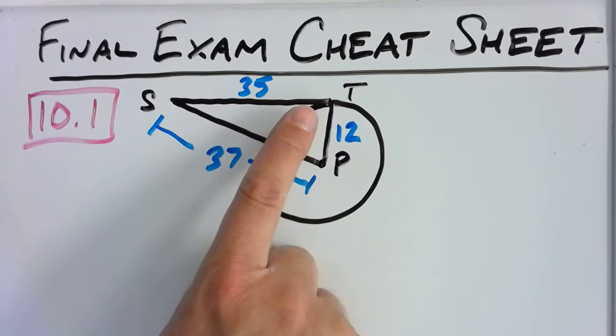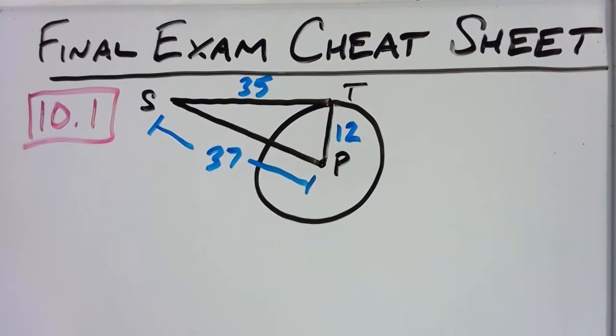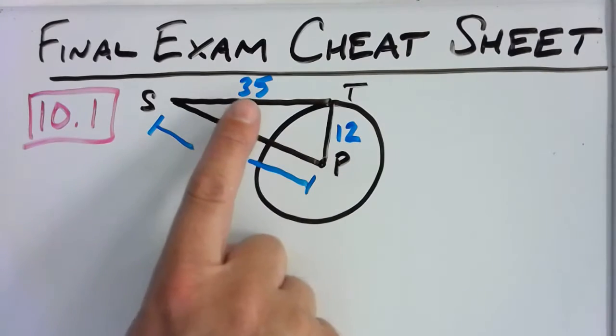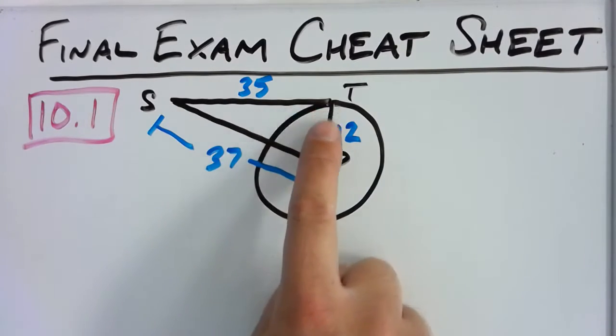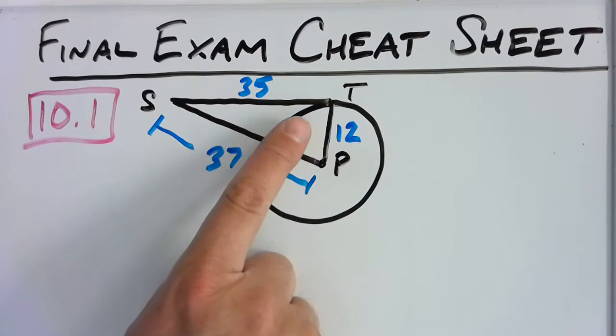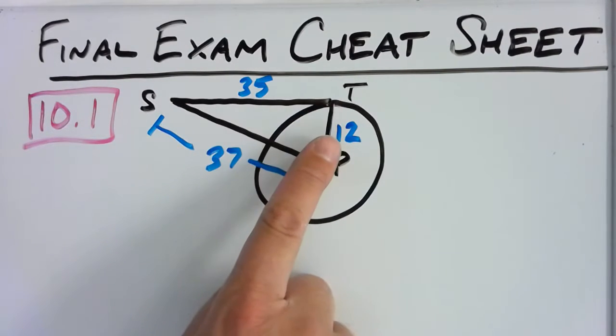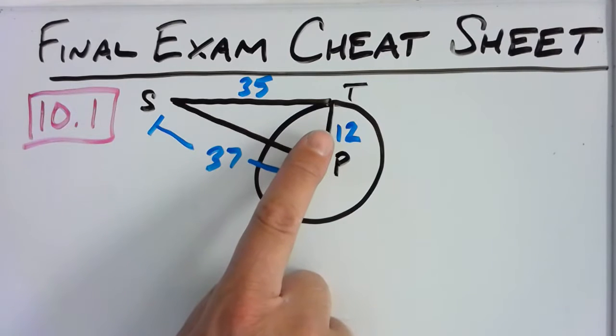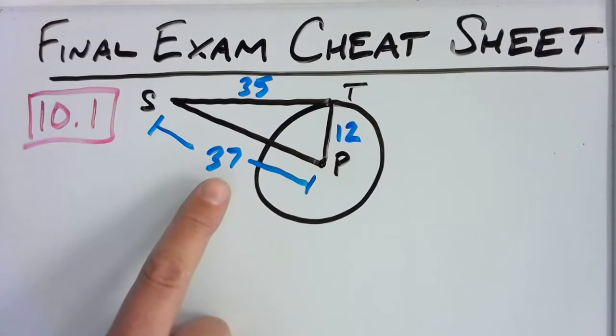Why does that matter? Because now I'd be able to test whether it's a right triangle using the Pythagorean theorem, where I would have the legs of the triangle. The legs are the sides of the triangle that make the 90-degree angle, where each of those legs squared, added together, would equal the square of the hypotenuse.